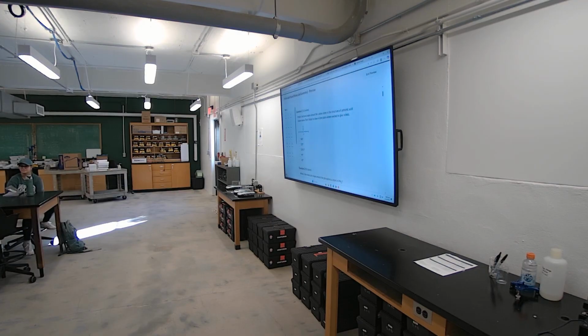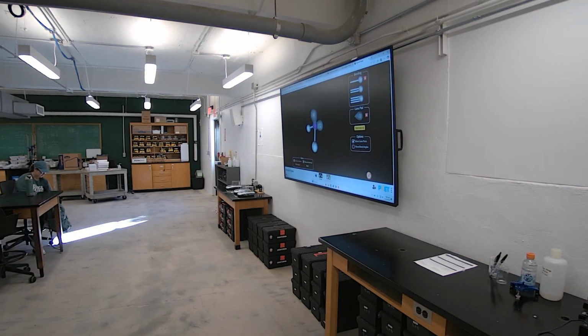So carbon making a double bond in one direction, a single bond in another direction, a single bond in another direction. That's what carbon looks like.